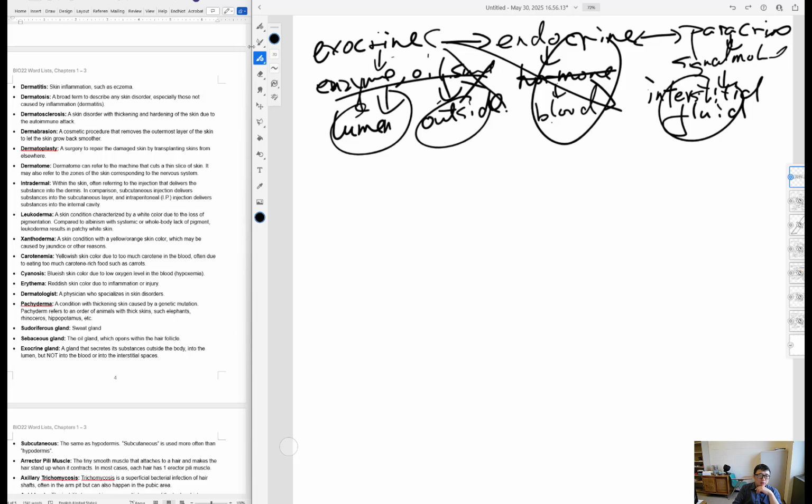In most cases it's not a single molecule, and some exocrine products are actually more complex. But anyway, as long as it's not in the blood and not into the interstitial fluid. Keep moving, keep moving.